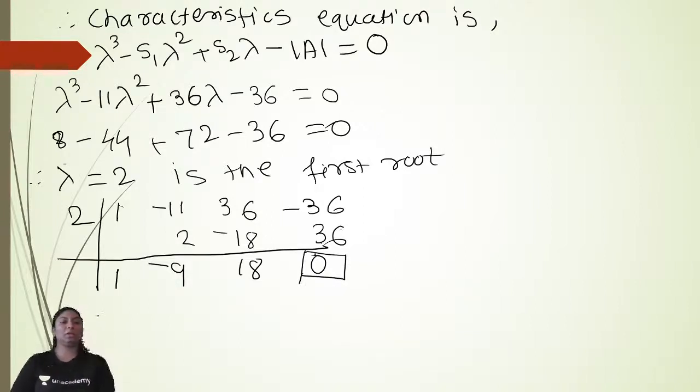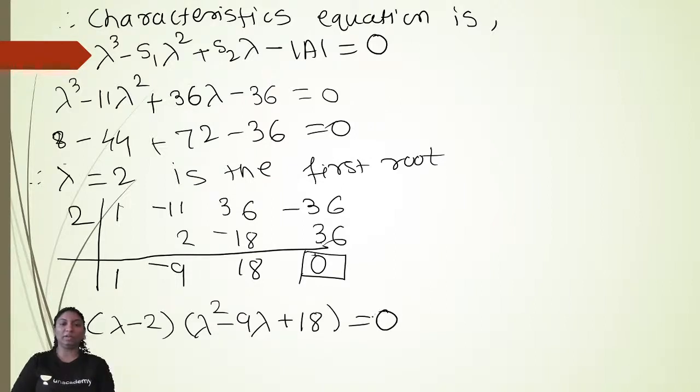Okay, so here our roots are lambda minus 2 is the factor, lambda square minus 9 lambda plus 18 is equal to 0. So lambda minus 2 into lambda minus 6 into lambda minus 3 is equal to 0.